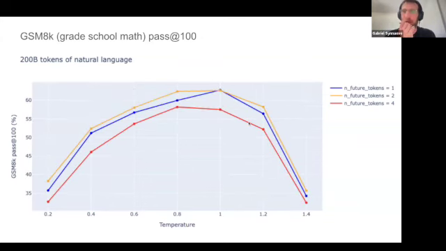What we have is that for the math problems, as with the NLP benchmark I was telling you about, which is about caring about a simple answer, the discrepancy is the other way around. We don't have a boost. We have a slight cost of doing multi-token prediction in the downstream task, and the cost is the same, but actually moves around the temperature, because when you do pass at 100, the higher scores you're going to get are for higher temperature.